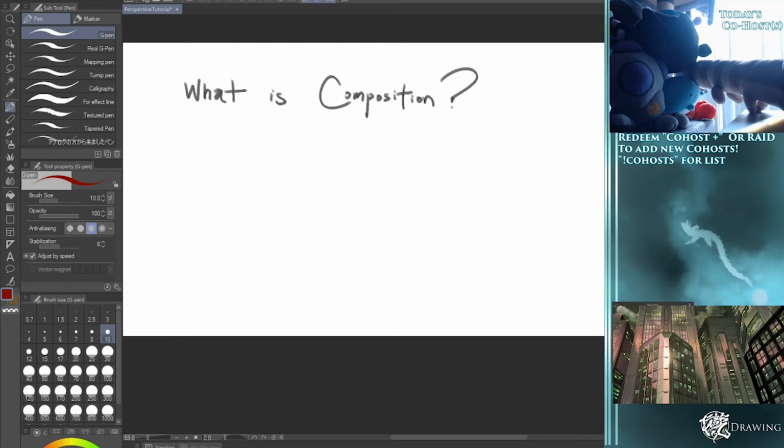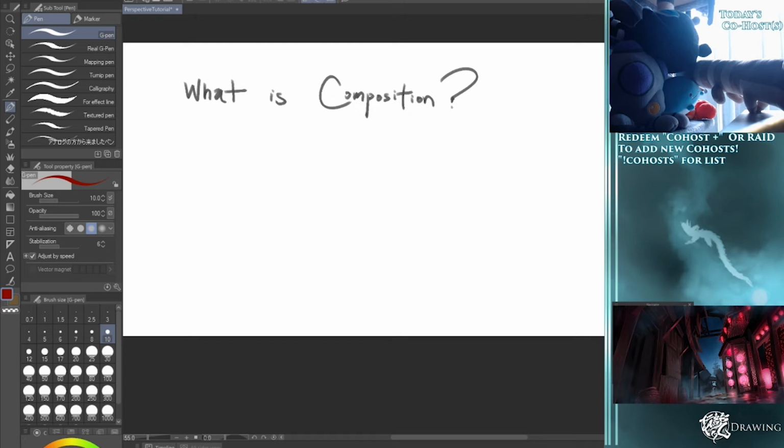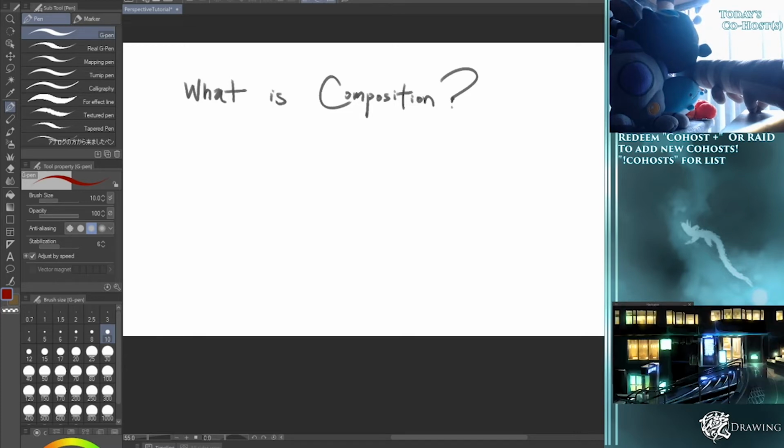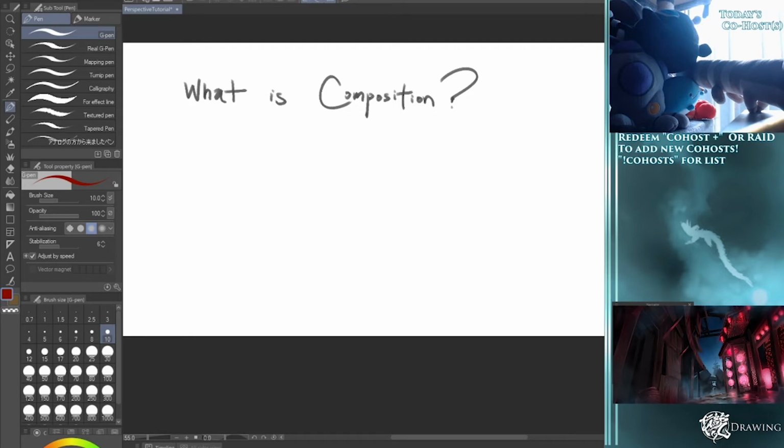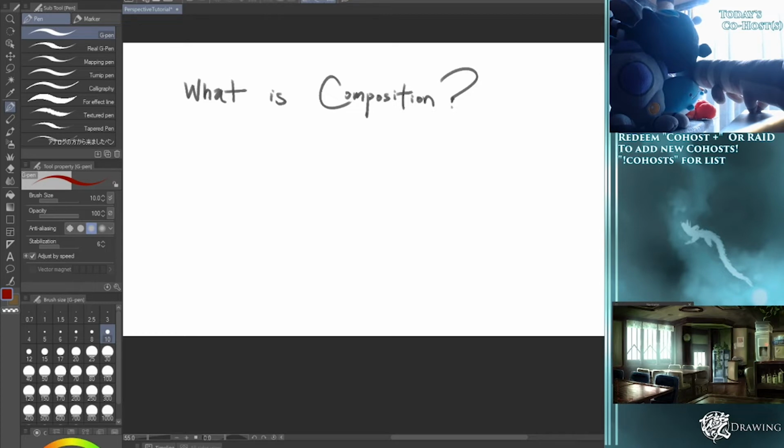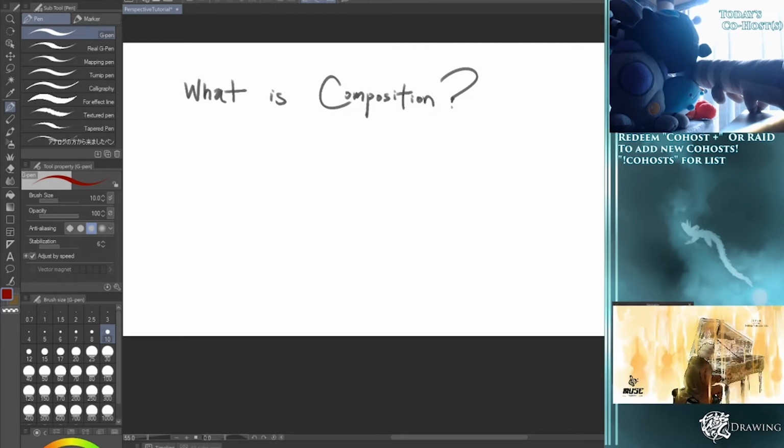Composition involves the placement of things in a space, but it has a purpose, in my opinion. To make them make sense together in a place? Okay, what do you mean by make sense? We're getting really close to the answer here, and I'm loving hearing from you. If it's a narrative drawing, then it's to draw attention to a narrative element. Alright, even better. I would argue that all good drawings should be in some way narrative. They should express at least an idea. But I'll give this to you.